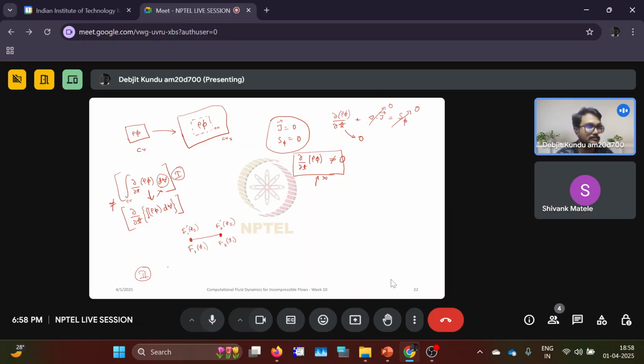So that will be F1 prime minus F1 by delta t, and I'll integrate this over the control volume. So integrating, I'm replacing by taking summation, right? So I'll then add F2 prime minus F2 divided by delta t. This is my method 1, differentiating first and then integrating.